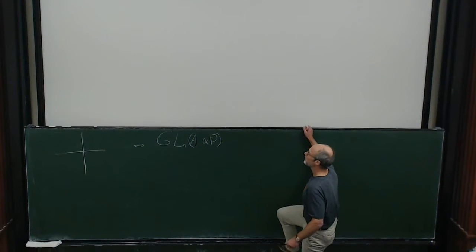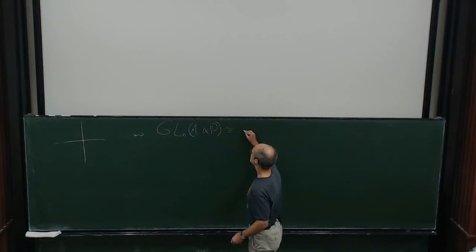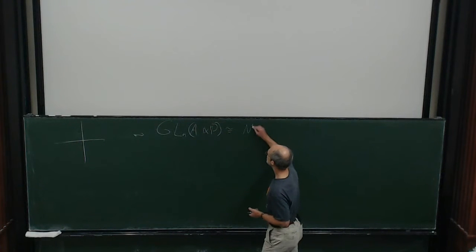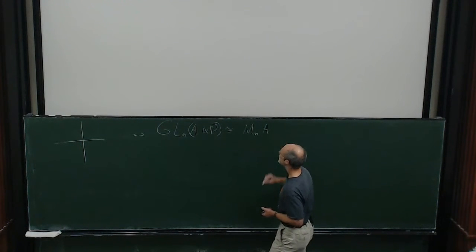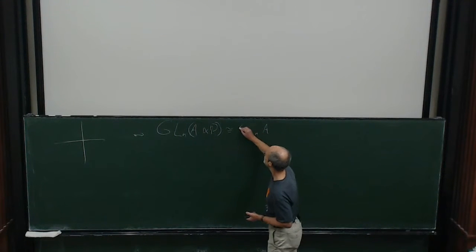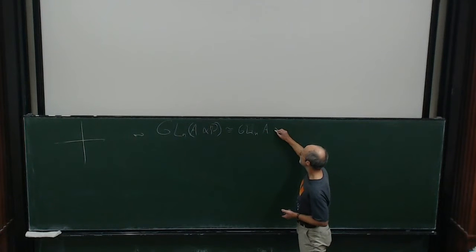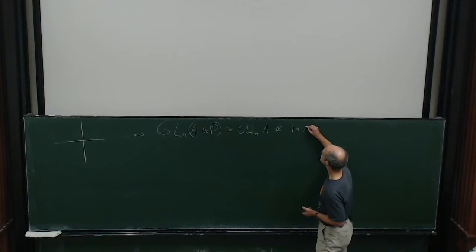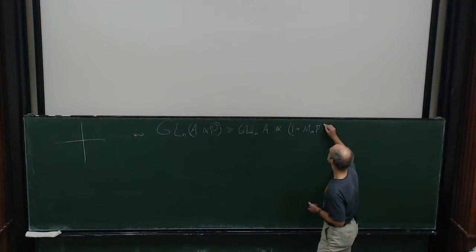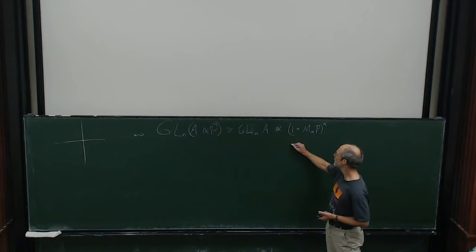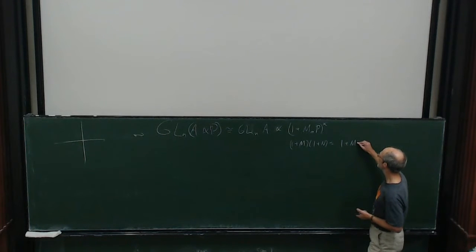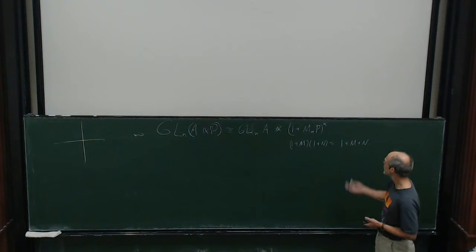What is that? Well, you have an n by n invertible matrix over A plus P. It can be an invertible matrix in A, but it can also be 1 plus any old matrix in P. And so here, if I have 1 plus m times 1 plus n, that is equal to 1 plus m plus n, and then I multiply m and n, and I get nothing.